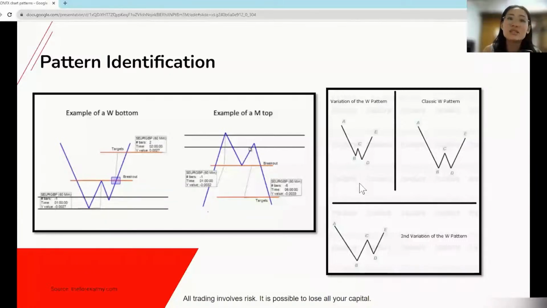Even though it's slightly different and uses a little more Fibonacci tools, ultimately the theory behind it and how you use it is about the same. Breakout or upside confirmation occurs when price breaks out of this neckline area. If we're talking about an M top, breakout or downward confirmation happens when price breaks out of this neckline. So pretty similar to what we talked about earlier.